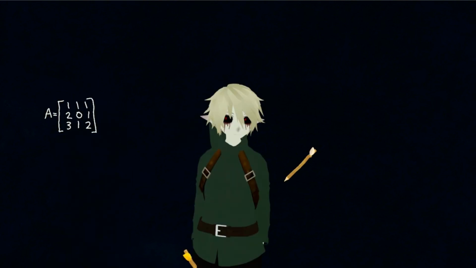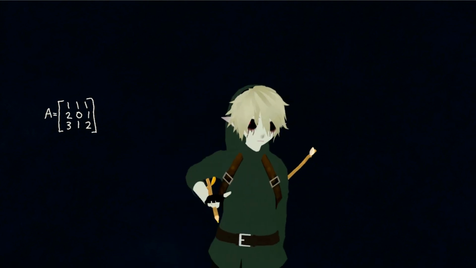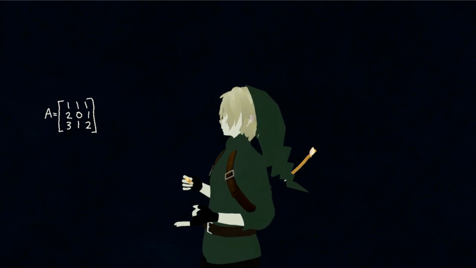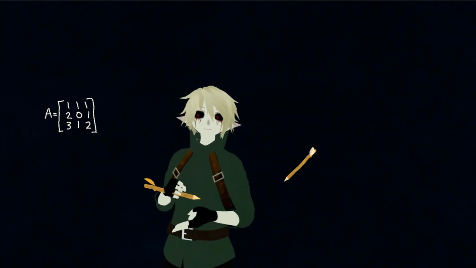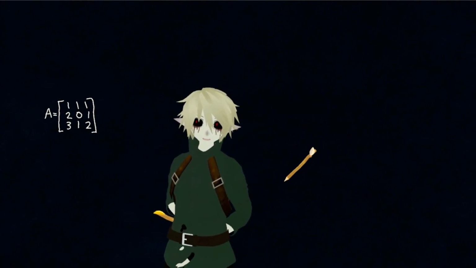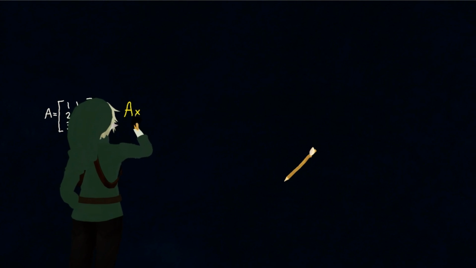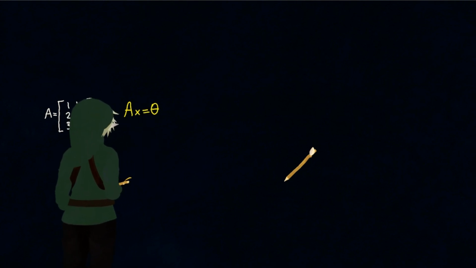Okay? So now we have another square matrix, A. Now, it's the same question. If we put this in a homogeneous matrix equation, does it have a non-trivial solution? Right? So, if I put this in a homogeneous matrix equation, does it have a non-trivial solution?